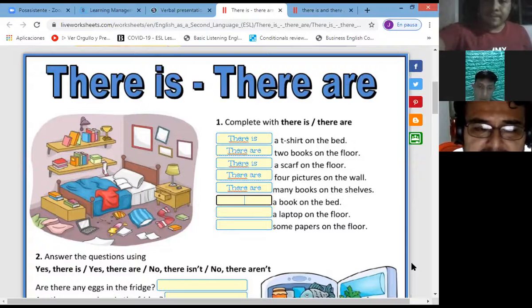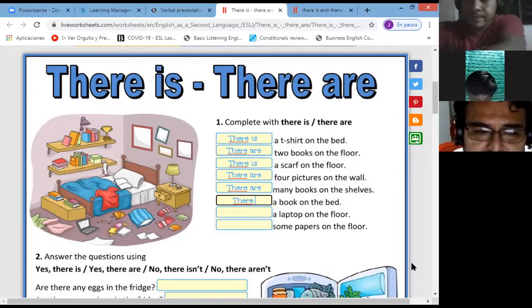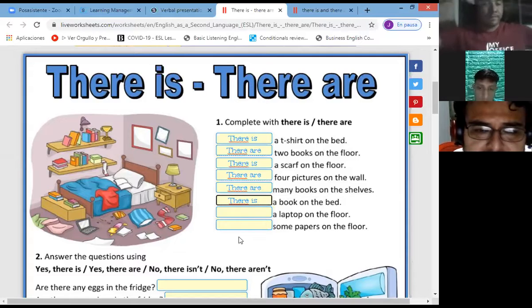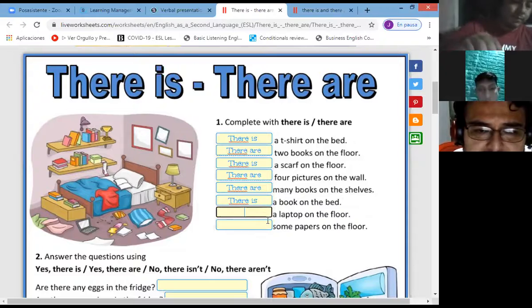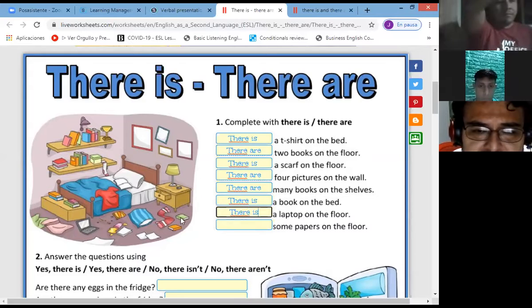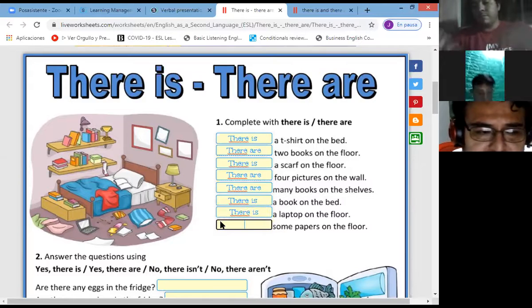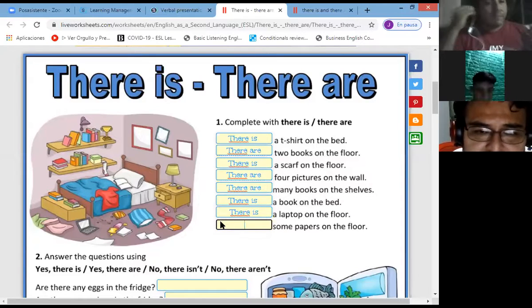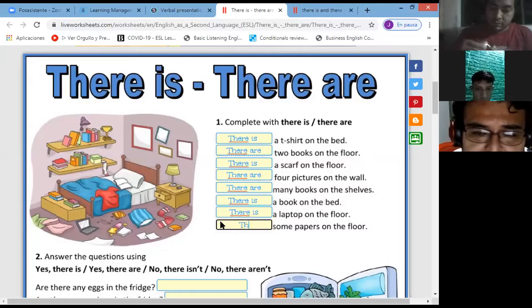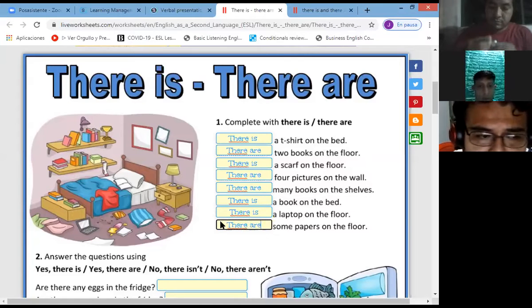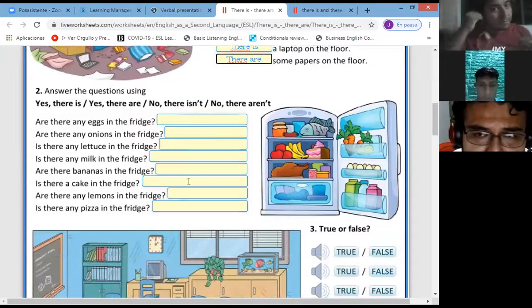There is. Calvin, there is or there are? There is, teacher. There is a laptop on the floor. Marvin, there is or there are? There are some papers on the floor. Okay.